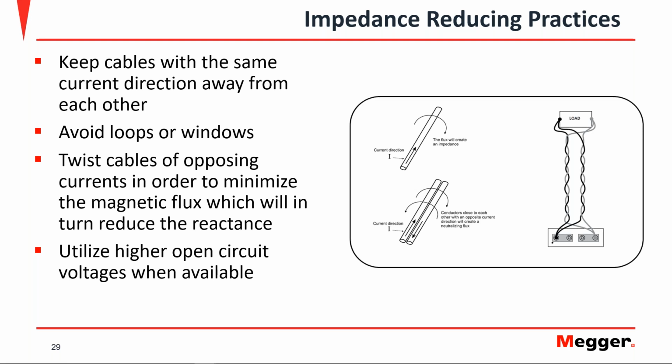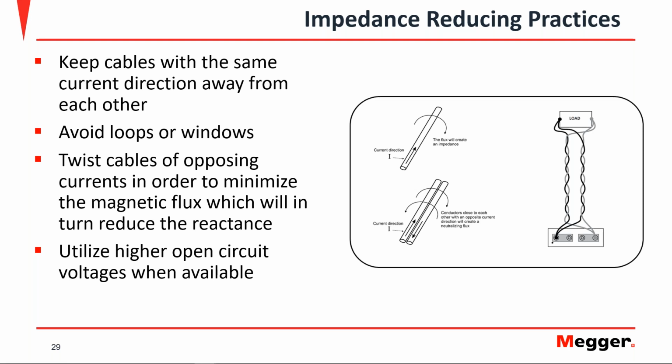If you are ever in the field with your instrument and, of course, this applies not only to ground fault testing but to primary injection in general, whenever you are having issues achieving your desired test current, there are certain steps you can take to minimize the impedance of that circuit. First, as I already mentioned, the length and the thickness, or cross-section area, of the conductors you're using is a big factor.